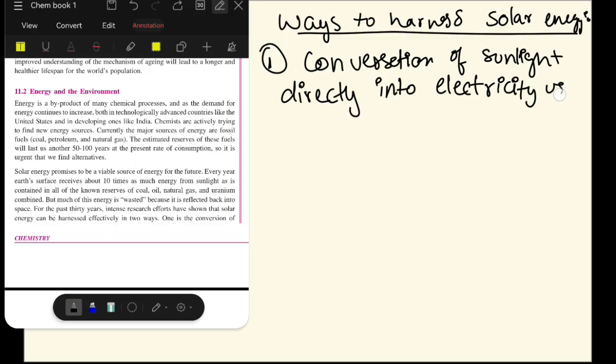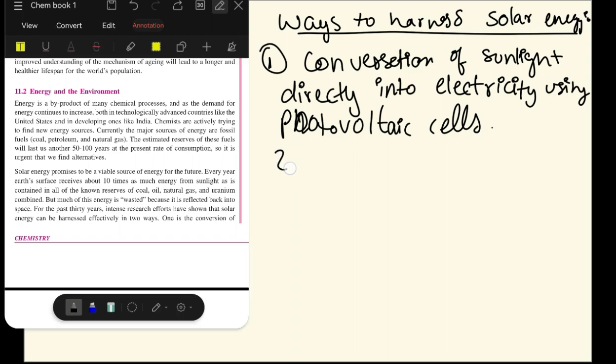You cannot just change it with your hand, right? You need to use something. So using what? Photovoltaic cells. You can convert sunlight directly into electricity using photovoltaic cells. So this is the first way to harness solar energy.